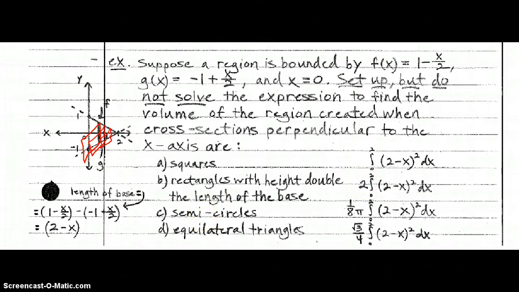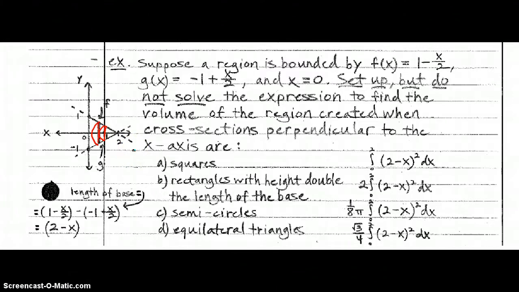Semicircles. Semicircles are a little bit more complex, because if I were to draw in a semicircle where my base is this region, then it would be like a little half circle popping up out of every region. So how do you find the area of a semicircle? Well, the area of a circle is pi r squared.